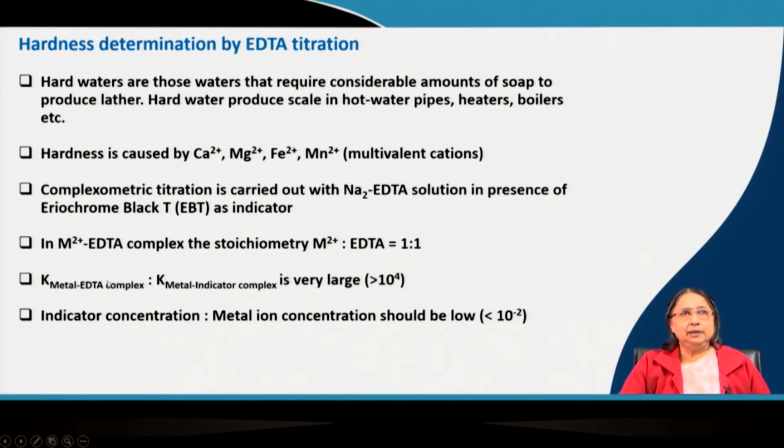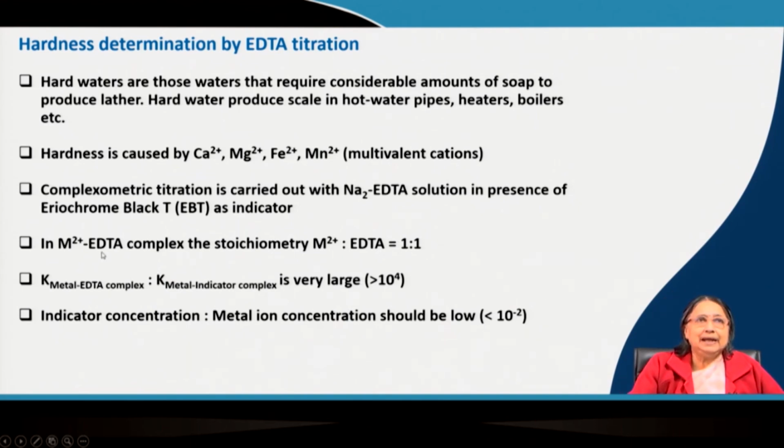Okay. And if you compare the K value, that is the equilibrium constant, or in the case of complex, you can call it the stability constant or formation constant. If you compare, then you will see that K of the metal EDTA complex compared to K of the metal indicator complex is very large, it is more than 10 to the power 4, that means it is very stable.